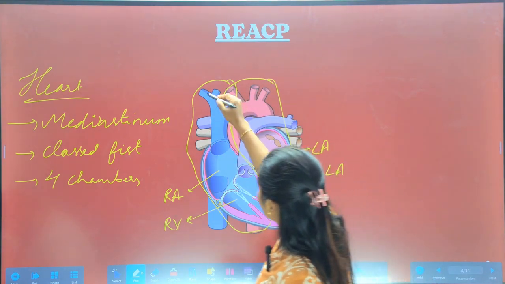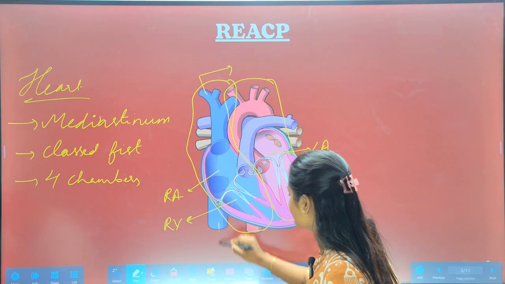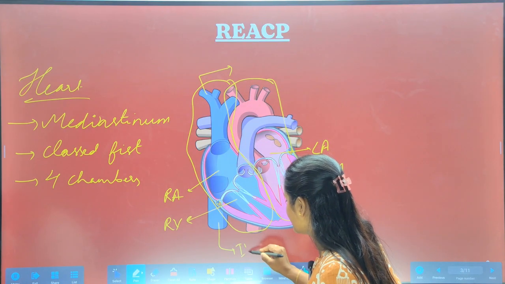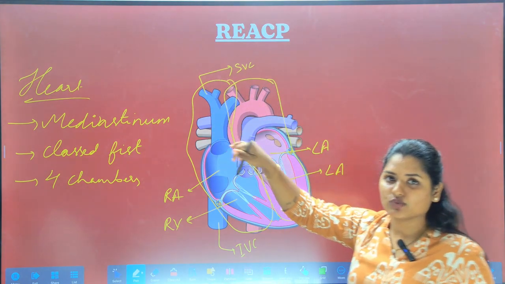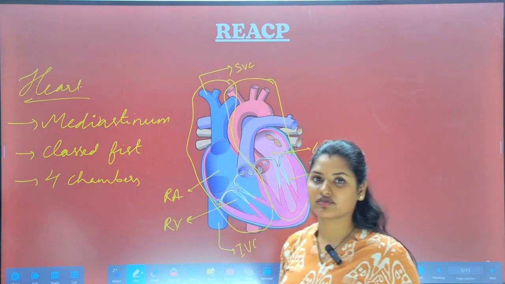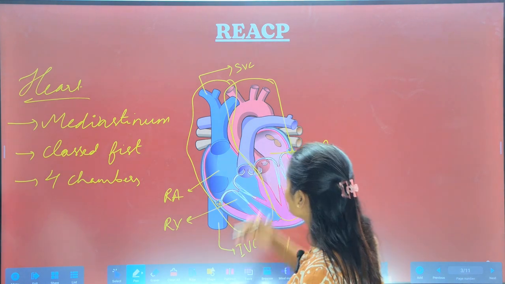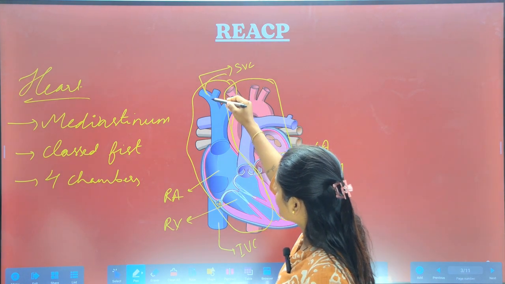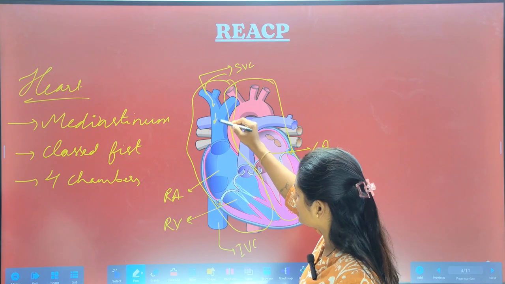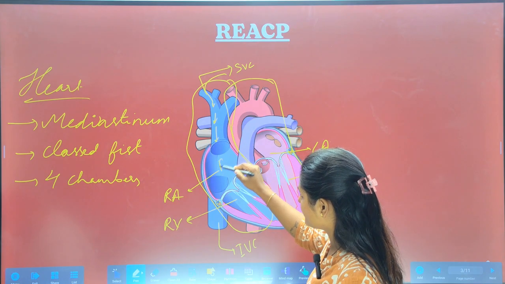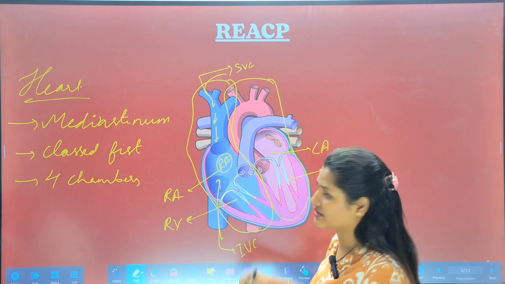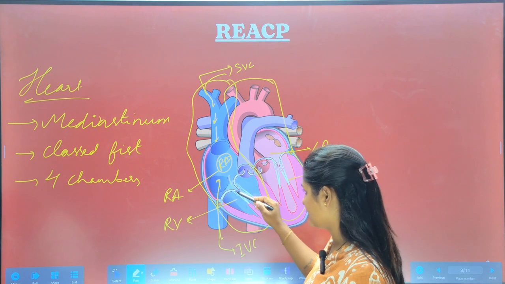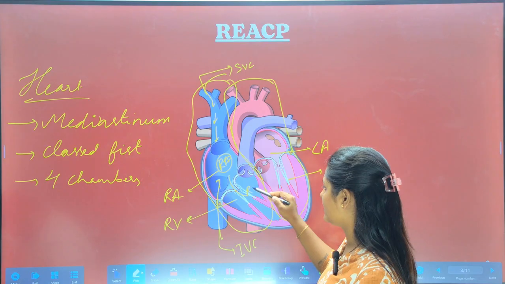So the superior vena cava and inferior vena cava, these two collect deoxygenated blood from our body, and pass the deoxygenated blood to the right atrium. So here it enters the right atrium, and from there it comes to the right ventricle.